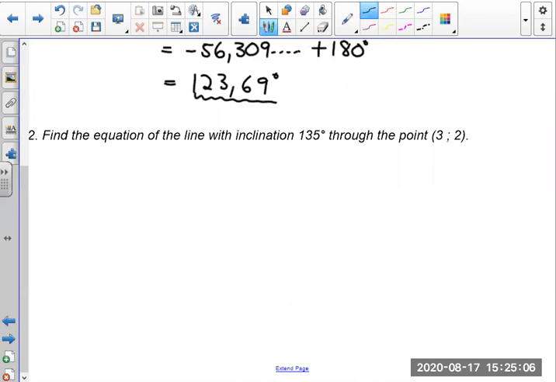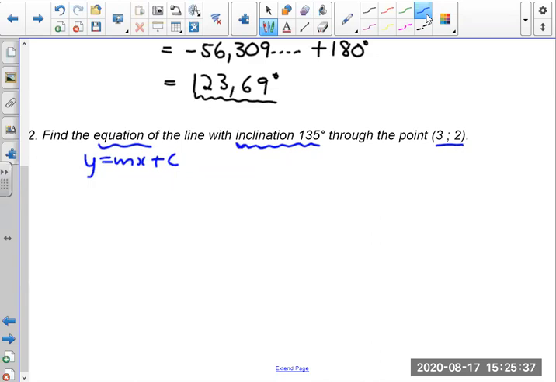Find the equation of the line with inclination 135 degrees through the point (3, 2). Now, they gave you the inclination. Find the equation of, so you need y equals mx plus c, or y minus y1 equals m times (x minus x1). And you have only 1 point.